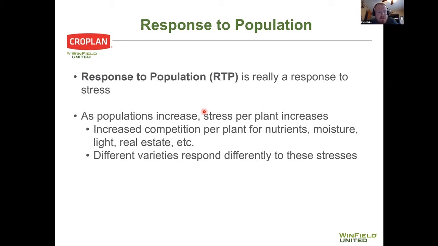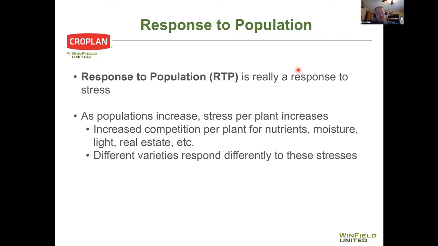But one thing we do, just like with our corn, is we characterize the wheat we sell in North Dakota by its response to population. And what we've found is that a response to population is really a response to stress. As you increase population, you have more stress per plant because of that increased population and competition.